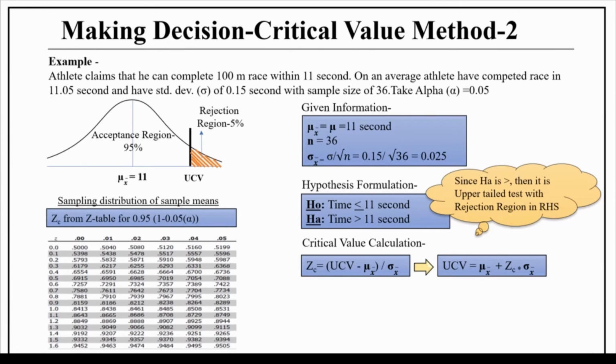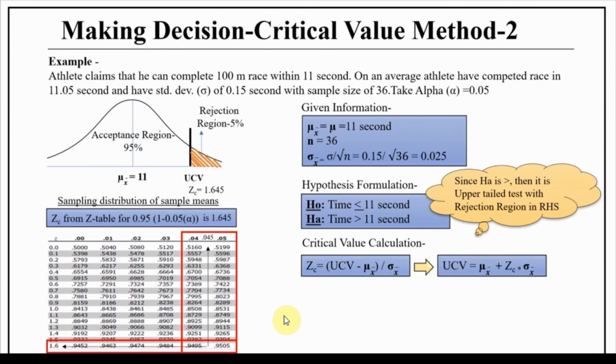So this is the table, and 0.95 lies here, and the row indicates 1.6 and the column indicates 0.045. Combining both, we get 1.645 as the Z score.